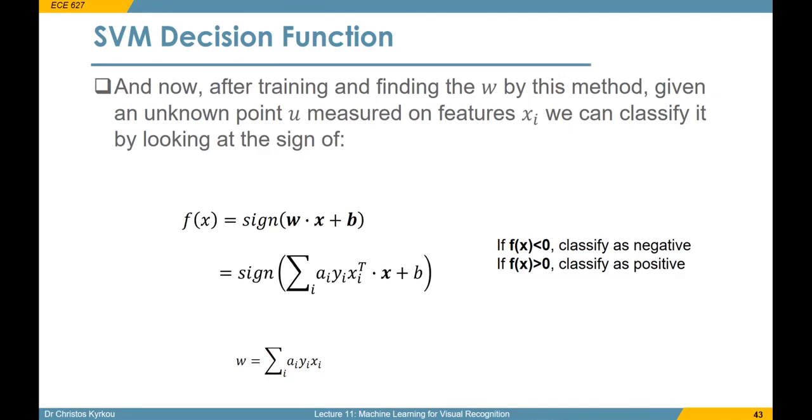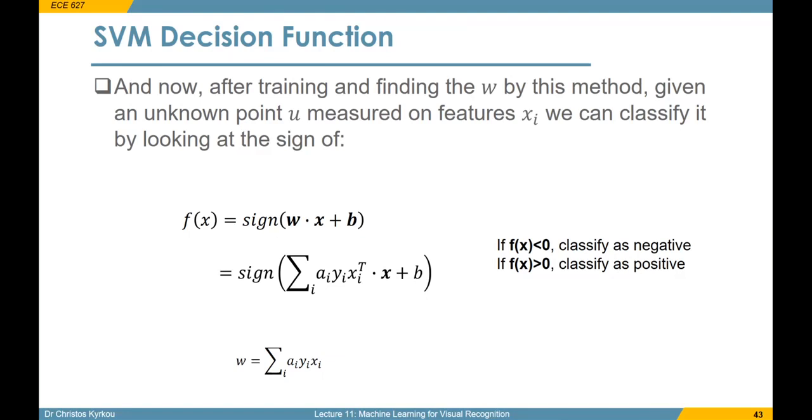So we could plug in the alphas, plug in the inputs, and classify a new data point x. If the value of the function is less than 0, then it's the negative class. If it's greater, then it's the other class.